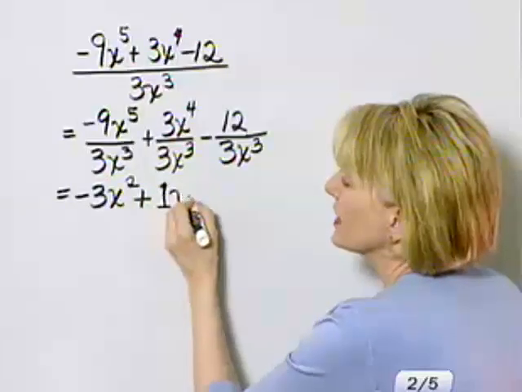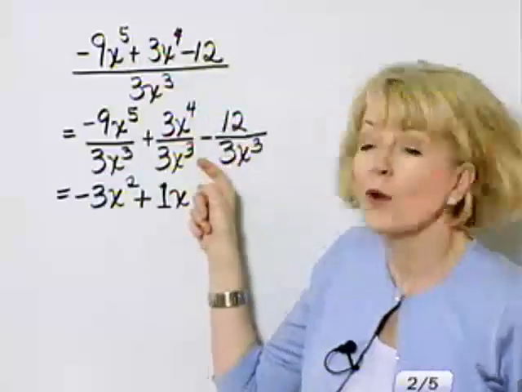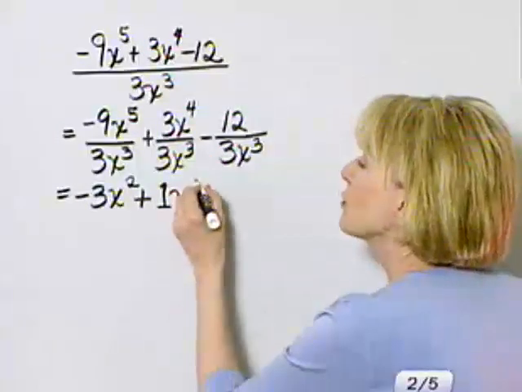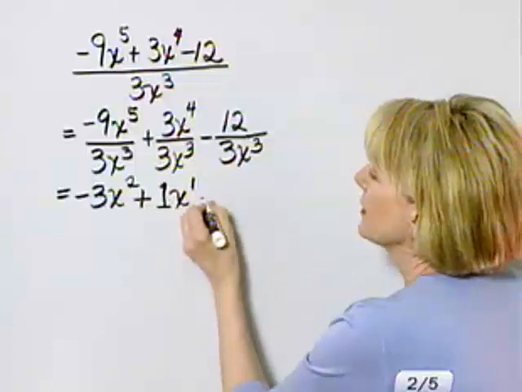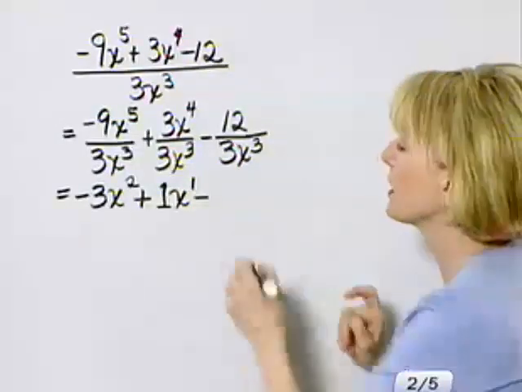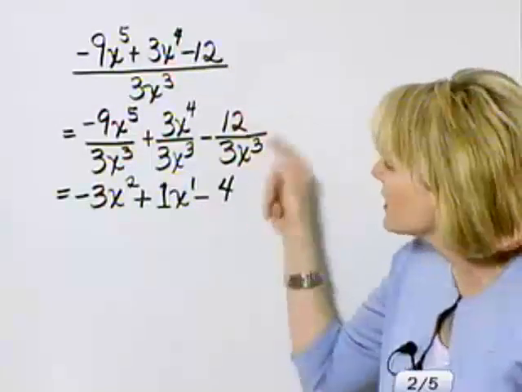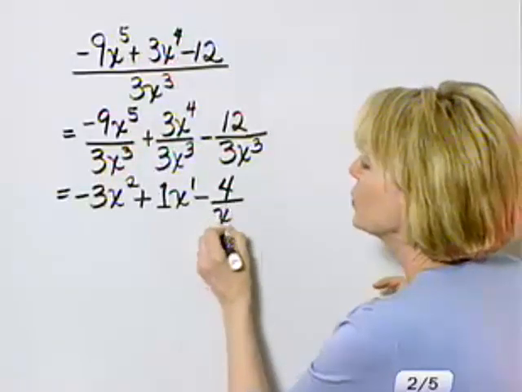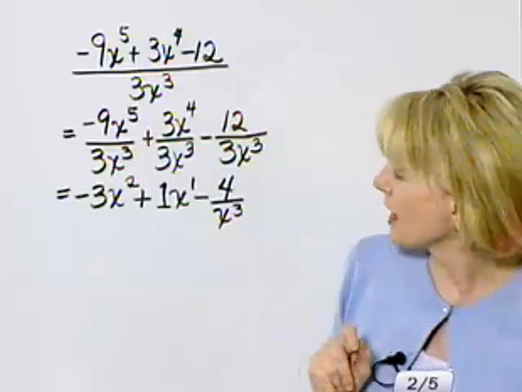And then I have x raised to a power of 4 minus 3. Because we are dividing, we subtract exponents, and 4 minus 3 is 1. Minus 12 divided by 3 is 4. Now that's 4 in the numerator, and then I have x cubed in the denominator.